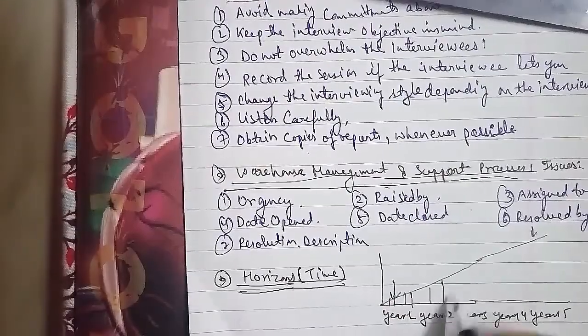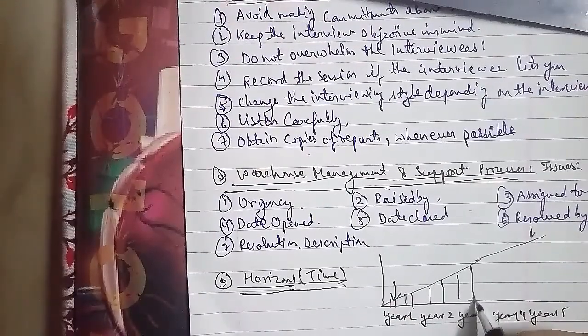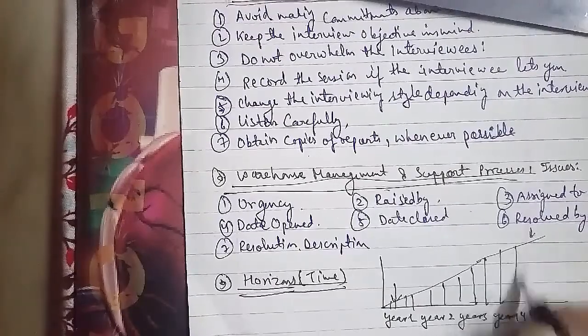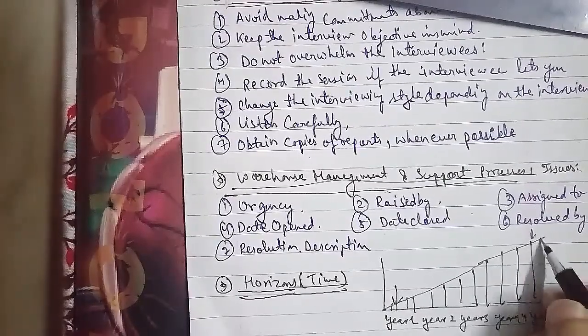So this is all represented in these terms. Now this is projecting the hardware requirements out from year 1 till year 5 here.